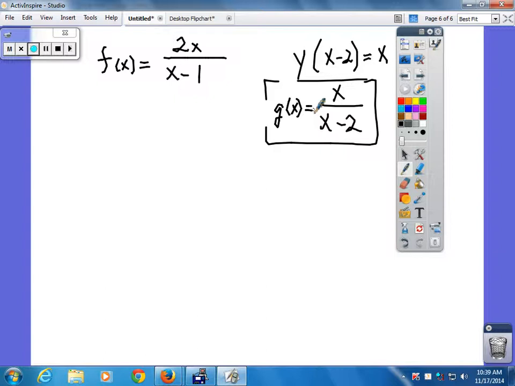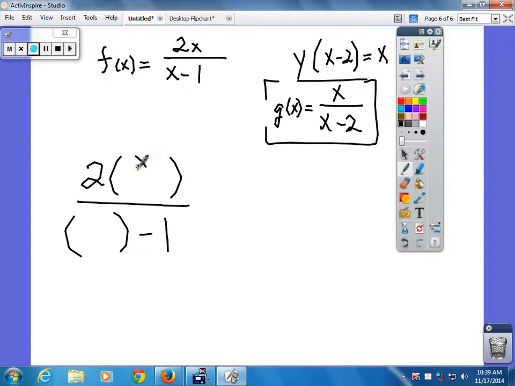So F composed of G means that I'm going to rewrite this in terms of parentheses. So that's 2 parentheses over parentheses minus 1, and then we're going to plug that in. X over X minus 2, X over X minus 2. Okay, now we have a big mess.